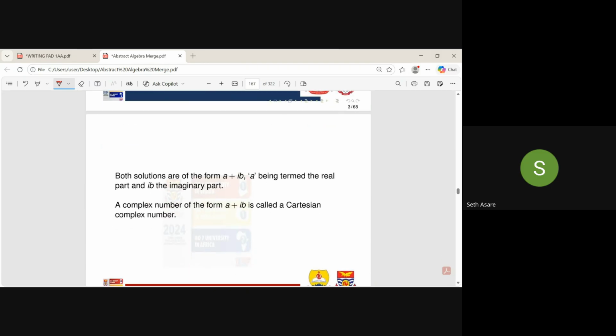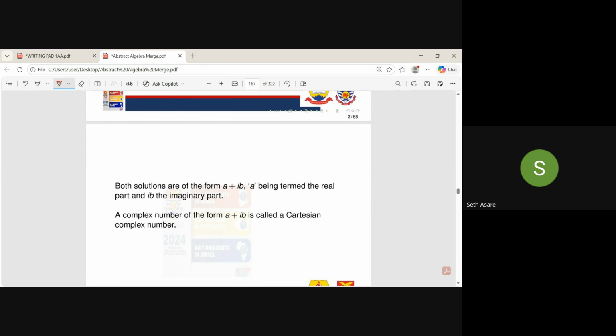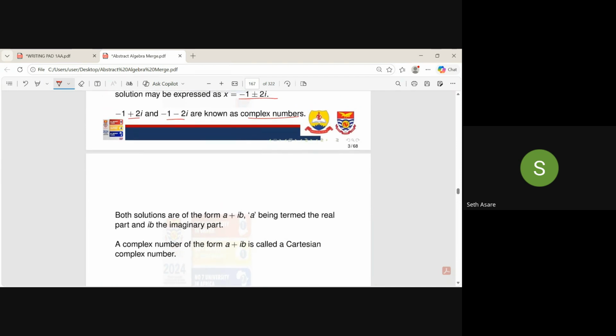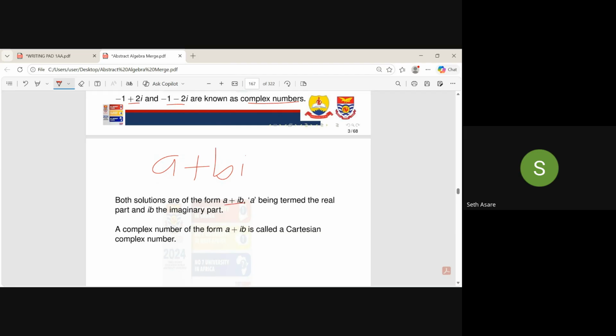All right. How do we represent a complex number? We have the first term as a plus the second term as something i. We call this part the real part, or the real number part, and this part here is called the imaginary part.